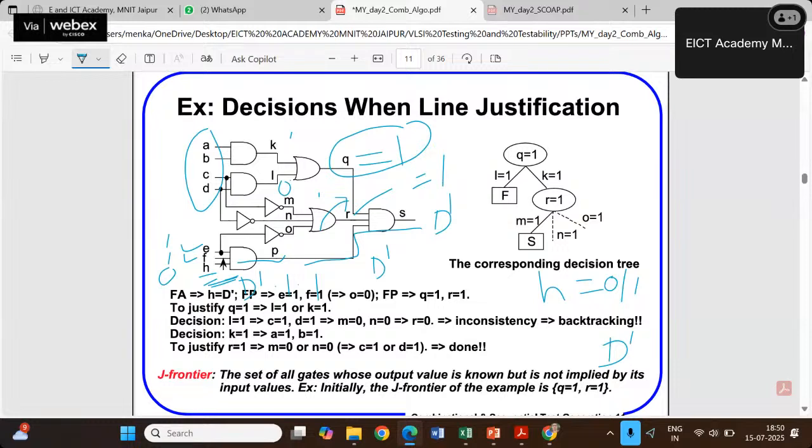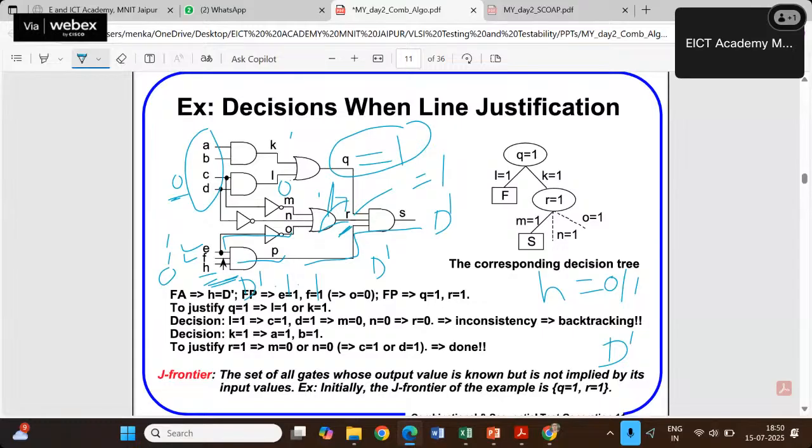Let's take the decision L is equal to 0. If I want L equal to 0, it means either C or D is expected to be 0, or both of these are expected to be 0. If that is the case, then R is coming 1. You can see from here, if any one of C or D is 0, then R is coming 1, because from E we are not able to get 1 at the output.